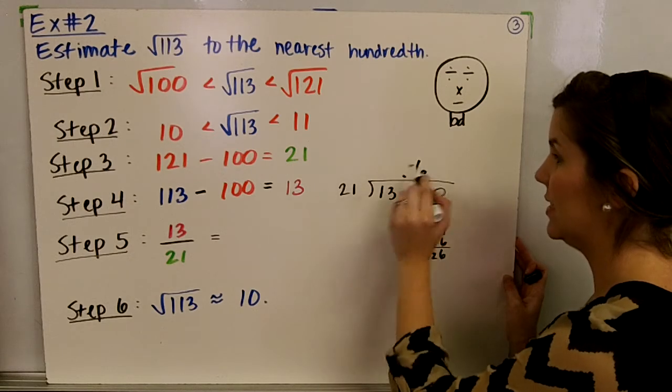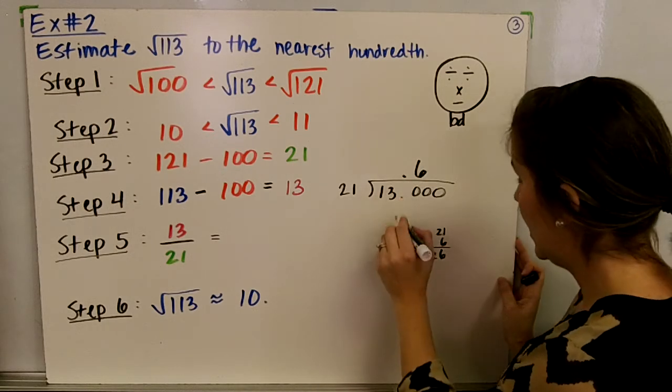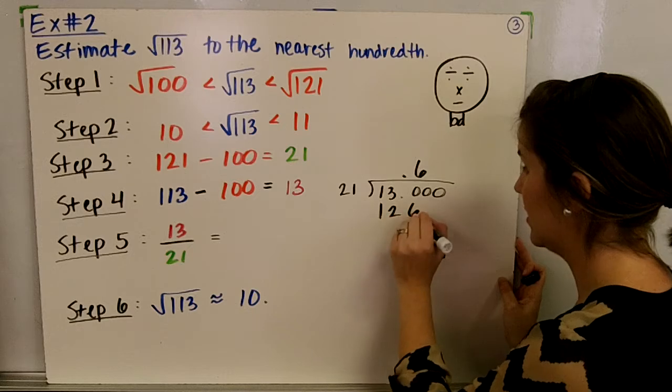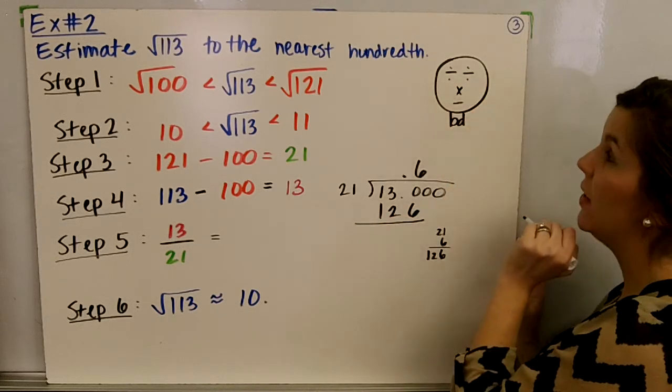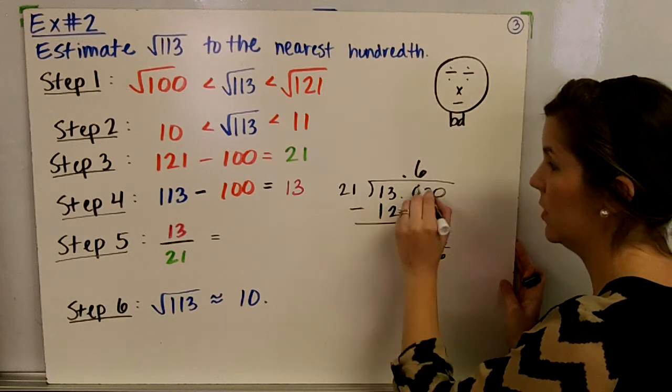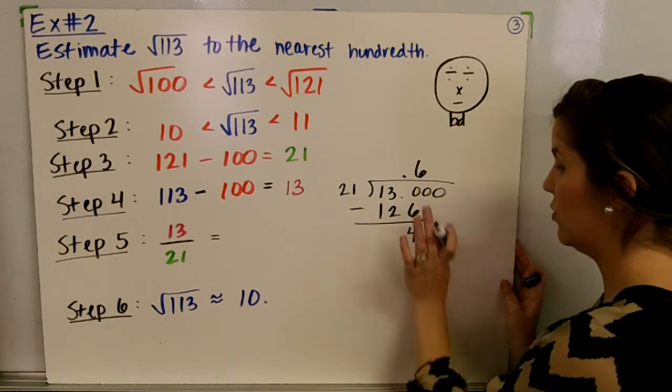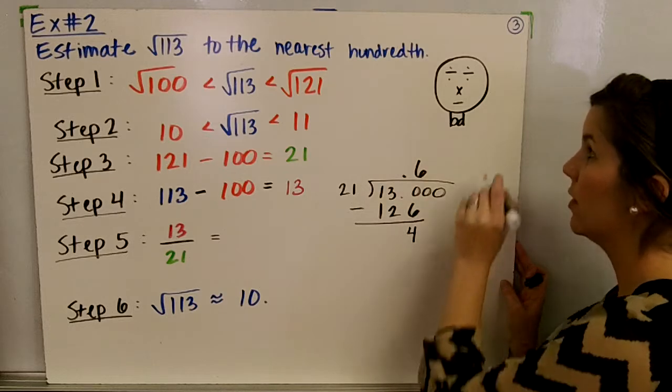All right, so 6 times 21 is 126. So after we divide and multiply, then we subtract. So 130 minus 126 is 4.